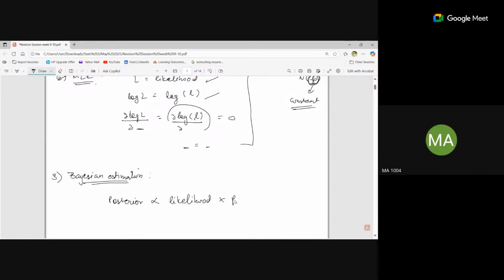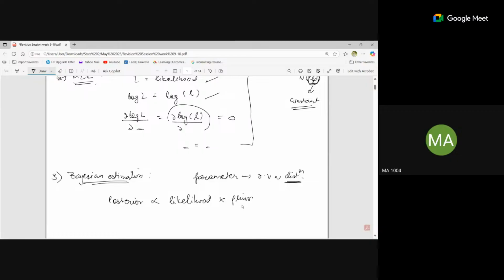So when do we use Bayesian estimation? We use Bayesian estimation when the parameter is a random variable which is following some distribution.